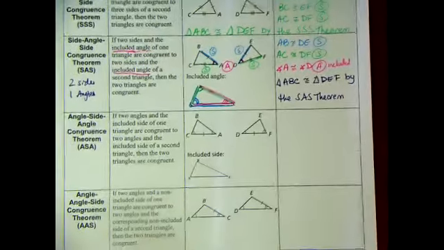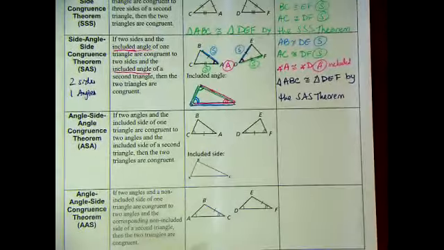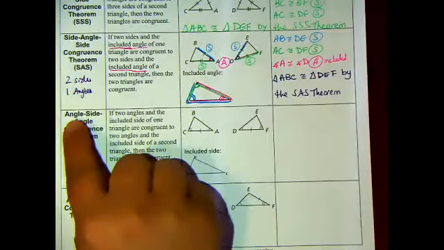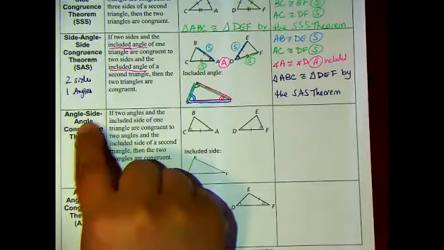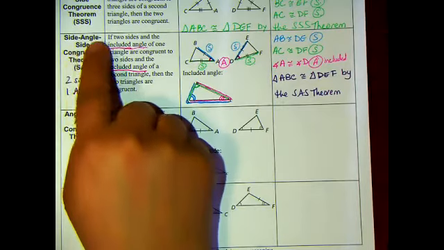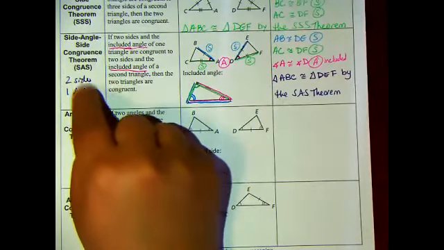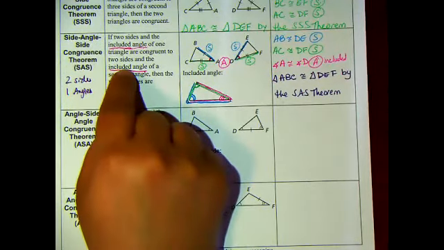We're going to talk about the angle, side, angle congruence theorem. If you notice the order, angle, side, angle means we should have an angle, a side, and then an angle, where the side is between the two angles. Just like side angle side meant the angle needs to be between the two sides, the included angle.